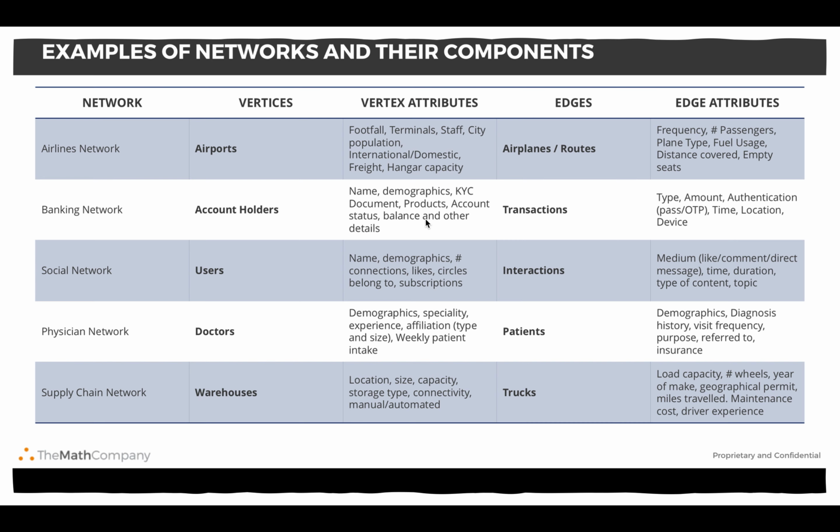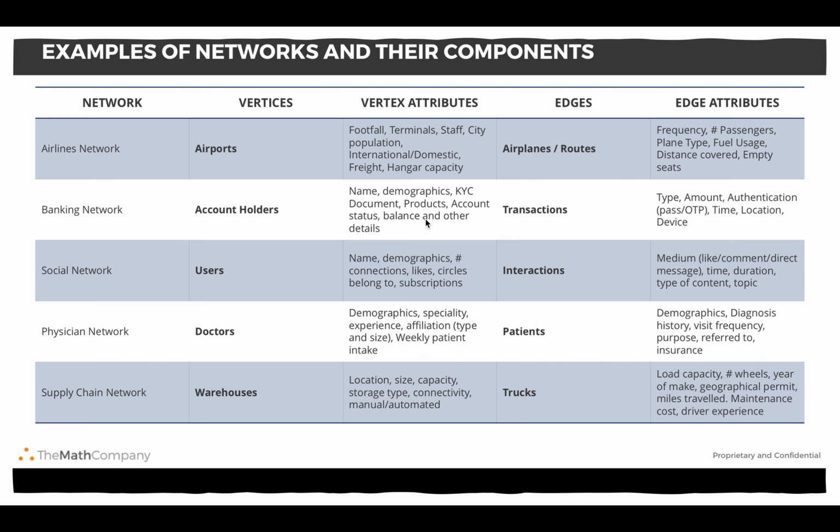And we could also have edge attributes. For example, when we have a thicker edge in this example, then we could say that there are more frequent flights between two different airports. The number of passengers that are being carried between two different cities could also indicate the edge attribute. The plane type, the fuel usage, the distance covered.